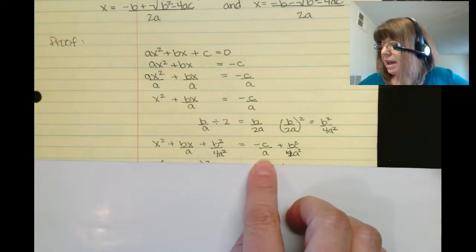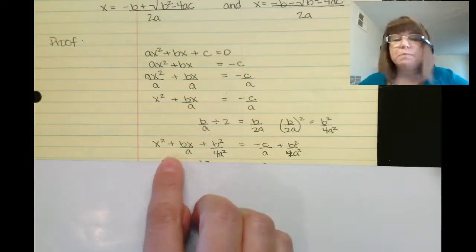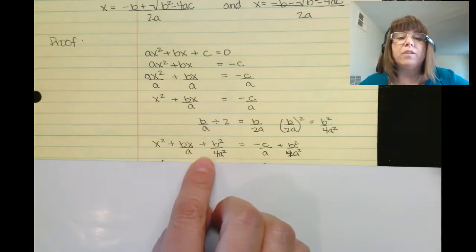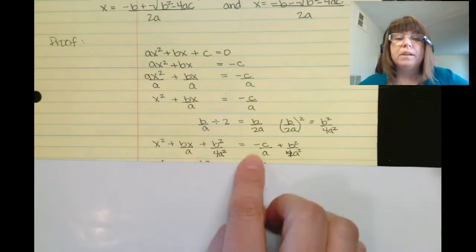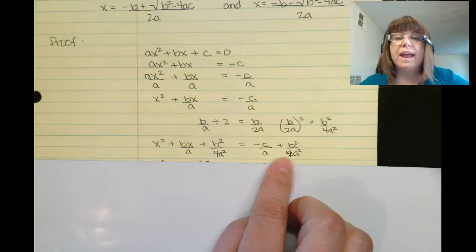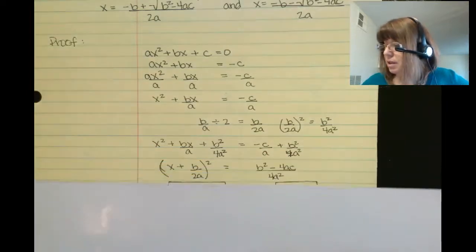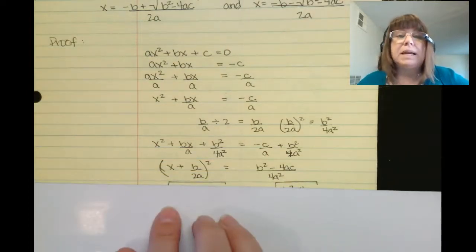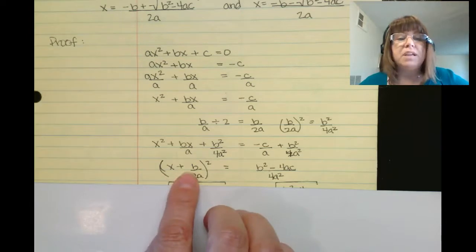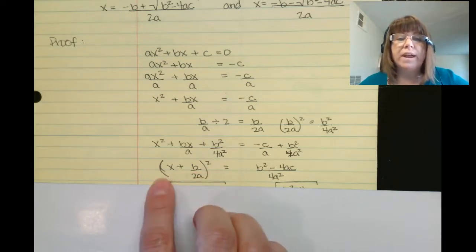So now I have x squared plus bx over a plus b squared over 4a squared equals minus c over a plus b squared over 4a squared. But the left-hand side, by design, is a perfect square of a binomial, which is x plus b over 2a, all squared.